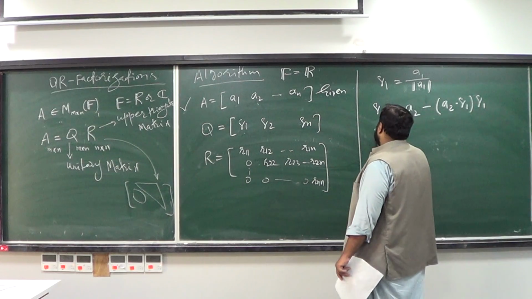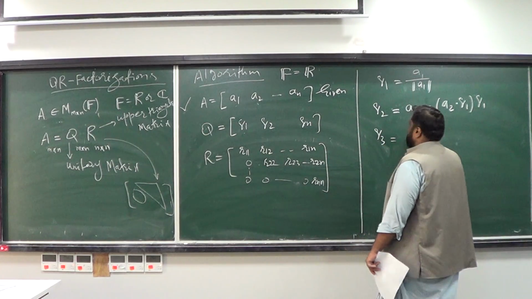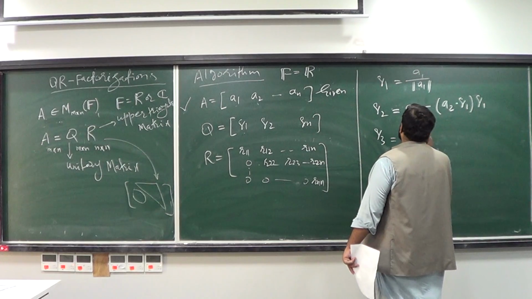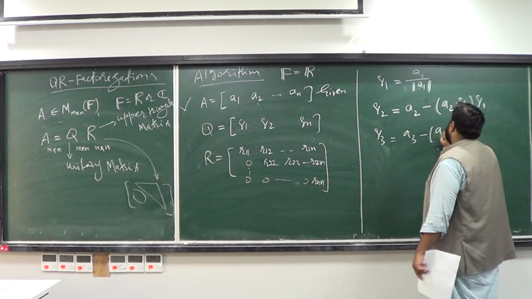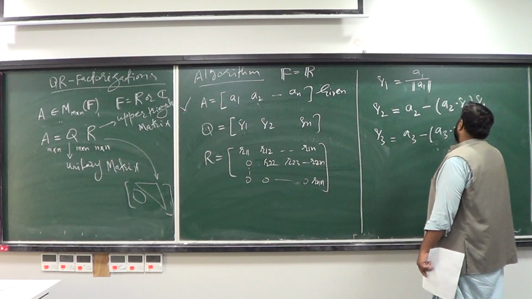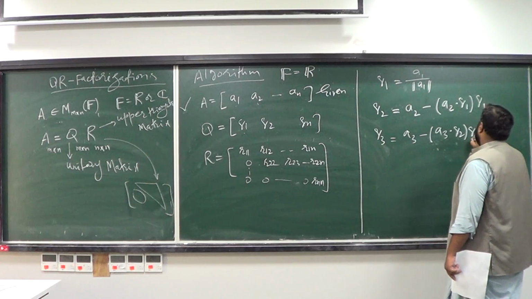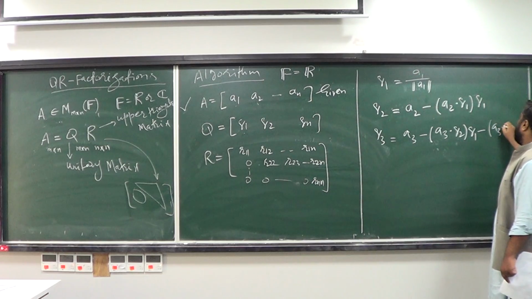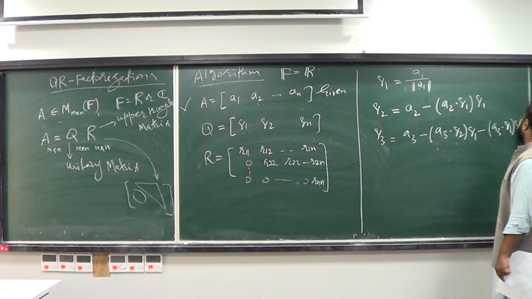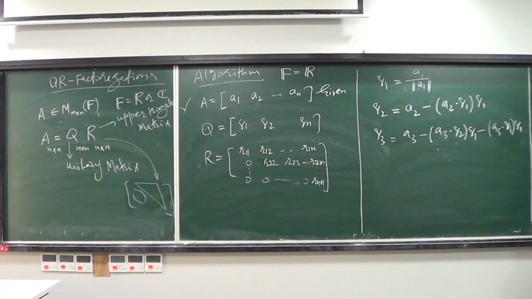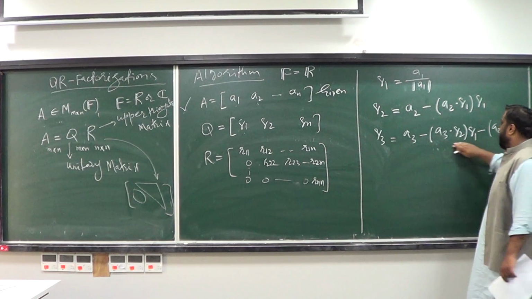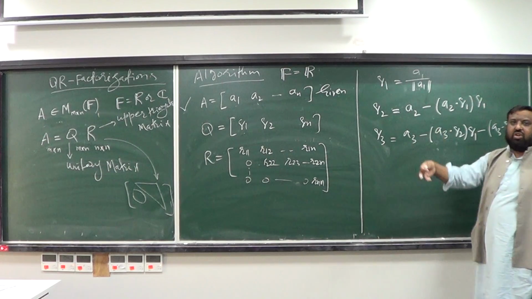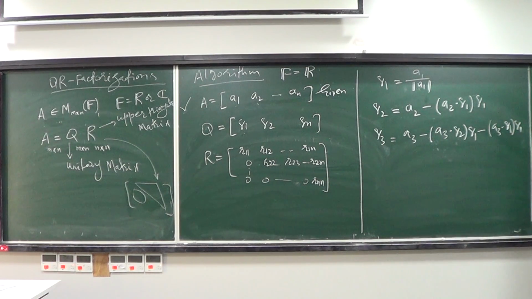Okay, Q3 is going to be the vector A3 minus A3 dot Q2 times Q2 minus A3 dot Q1 times Q1. Okay, simple Gram-Schmidt process. We know this is basically the orthogonal projection. We will talk about these projections in a moment in our next discussion as well.